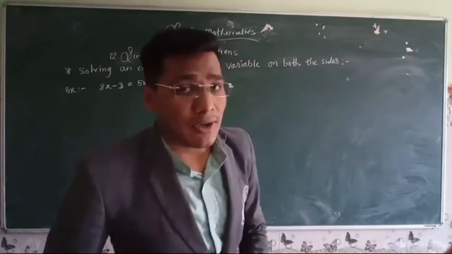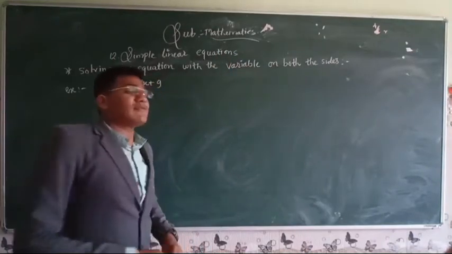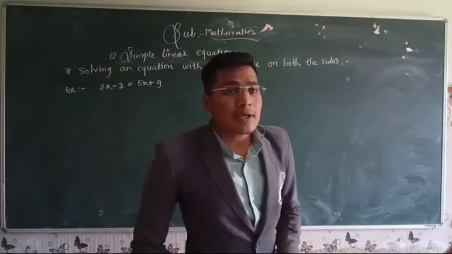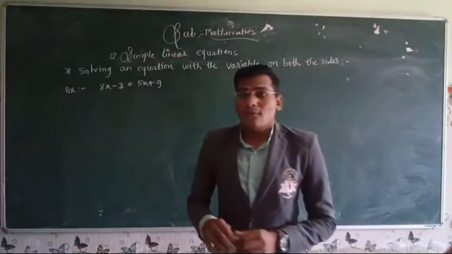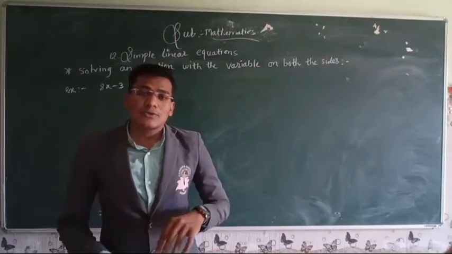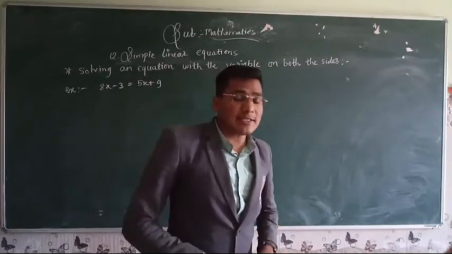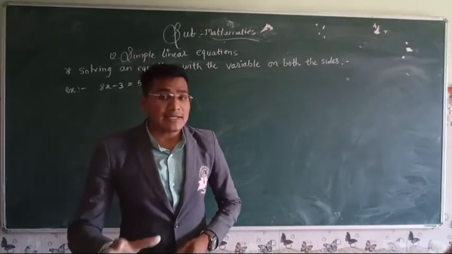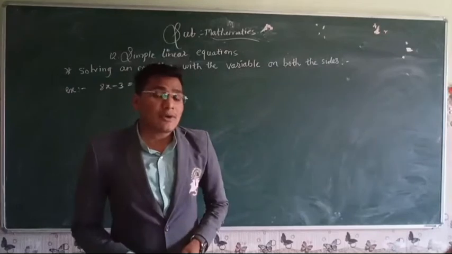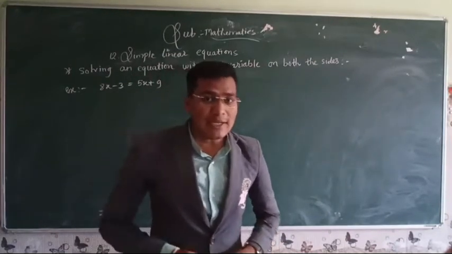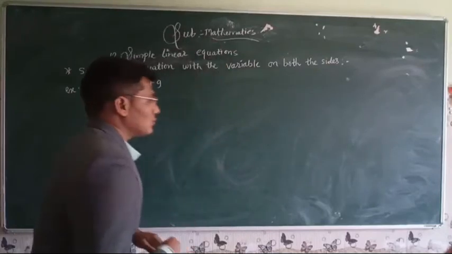Before solving, there is one method: we have to collect the variables on one side and the constants on the other side. If you are collecting variables on the left hand side, then you have to collect the constants on the right hand side, and vice versa. Let us solve and understand how to do it.